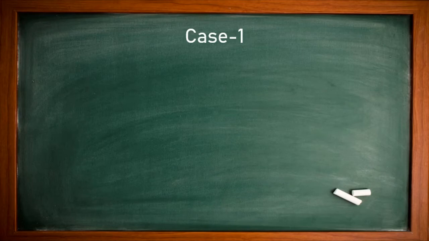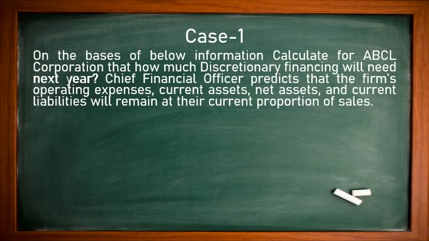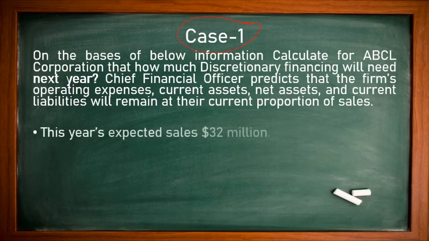So let us start case 1. Here, case 1 is going to be explained. On the basis of the below information, calculate for ABCL Corporation how much discretionary financing will be needed next year. The Chief Financial Officer predicts that the firm's operating expenses, current assets, net assets, and current liabilities will remain at their current proportion of sale.